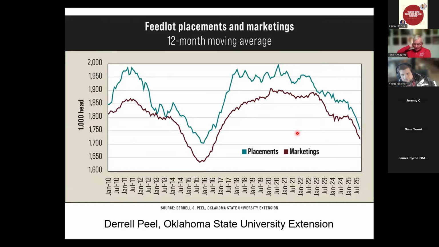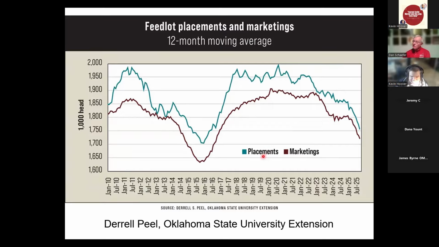This is a figure that Daryl Peel from Oklahoma State University generated and published just a few days ago, when I saw it. This is a chart of 12-month moving averages for placements of cattle into U.S. feedlots, and marketings of finished cattle from U.S. feedlots.